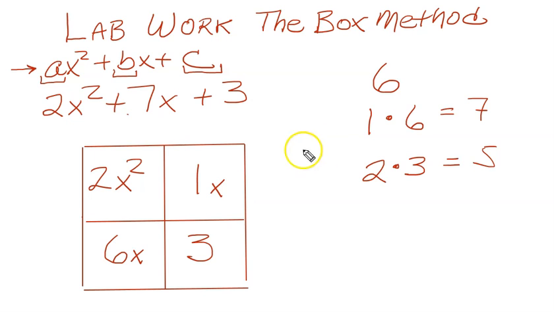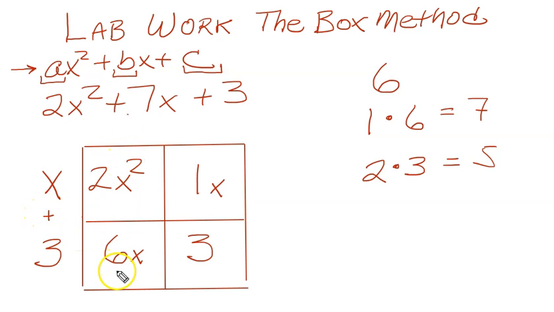Now, what do we do? Well, we now look at this and say, what can I factor out horizontally from this row? Well, you could factor out an x. What could I factor out from this row horizontally? Factor out a 3, and this is plus.